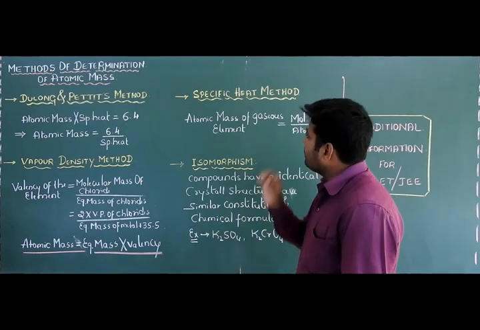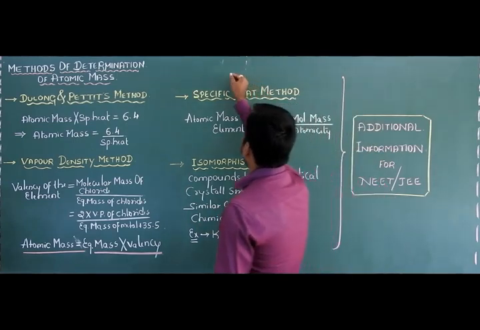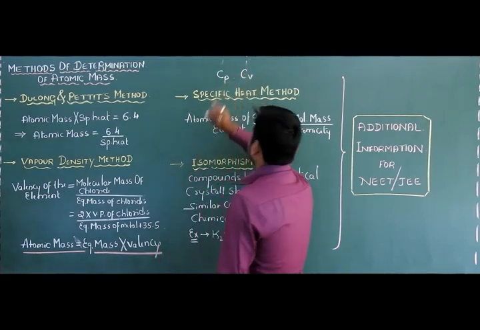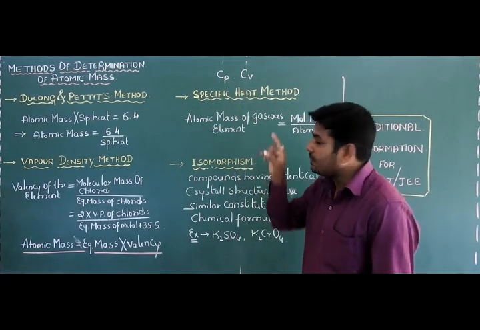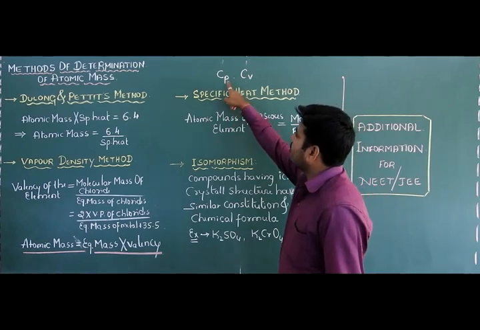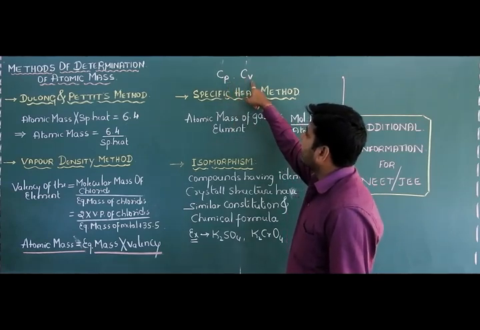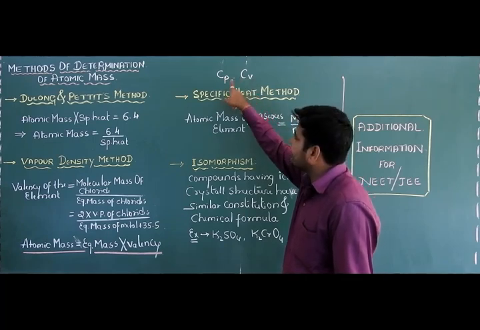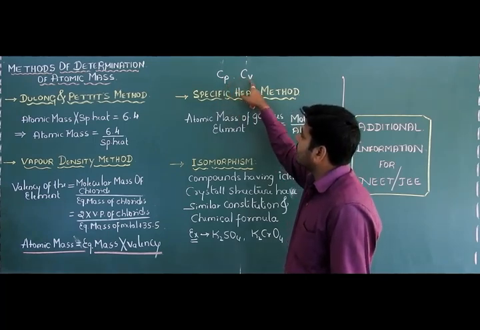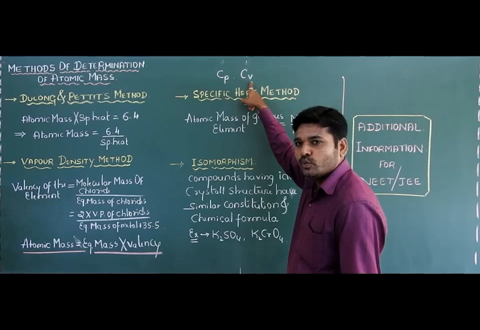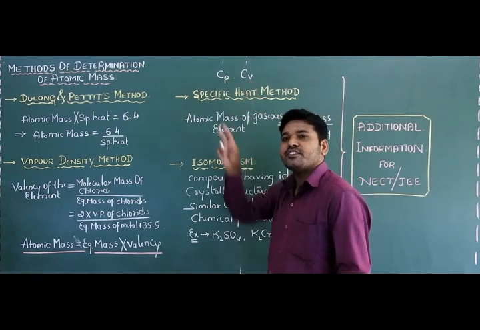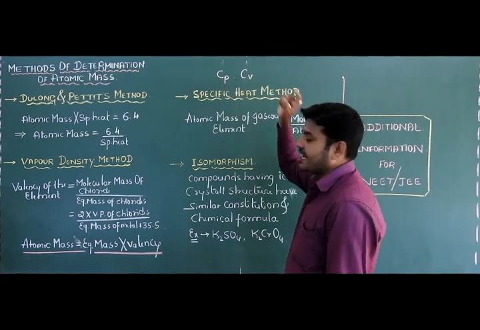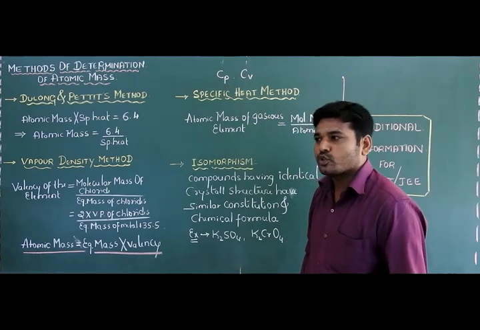One is Cp and the second one is Cv. One is at constant pressure and the second one is at constant volume. The specific heat at constant pressure and the specific heat at constant volume, students.